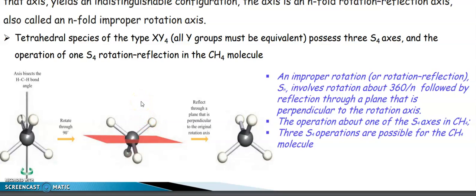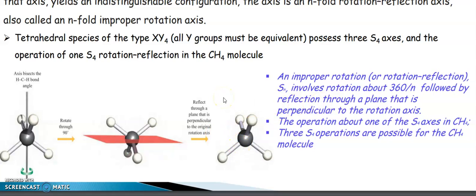Tetrahedral species of the type XY4, where all Y groups must be equivalent, possess three S4 axes and the operation of one S4 rotation-reflection in the methane molecule. So you can see here the axis bisects the H-C-H bond angle. Rotation through the angle, you will get this, and reflect through the plane that is perpendicular to the original rotation axis, again you will get this.